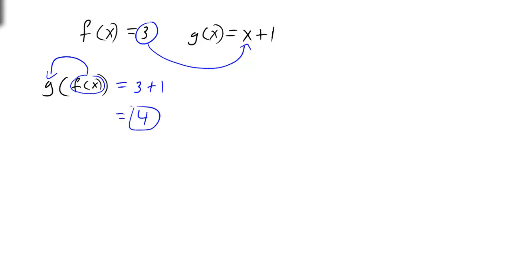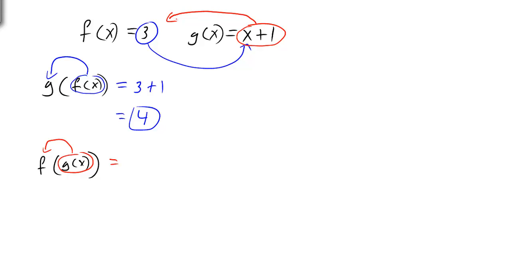Now that part's easy. Now what if I give you the other direction? And this is also easy if you understand the notation. We have f of g of x. So that means we want to take function g and substitute that into f. So here's function g, x plus 1, and we want to substitute that in over here to function f.